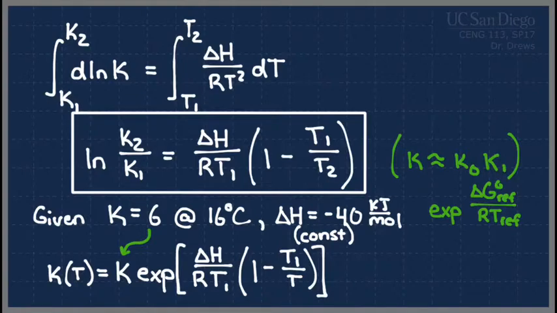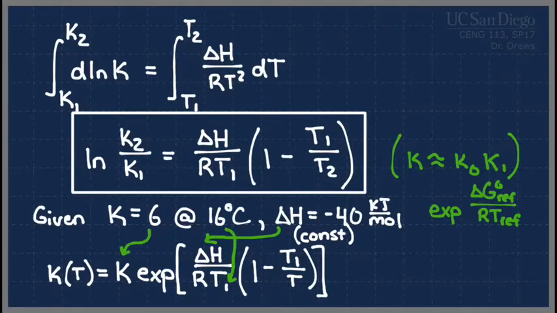So the 6 goes here. The 16 degrees C goes here for T1. Remember, you always have to convert it to Kelvin or absolute temperature scales. So the T1 goes there, and then the delta H goes out here.